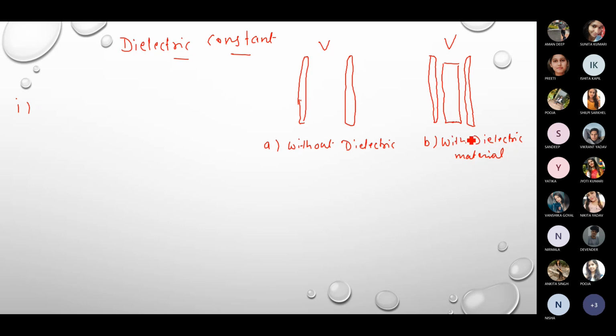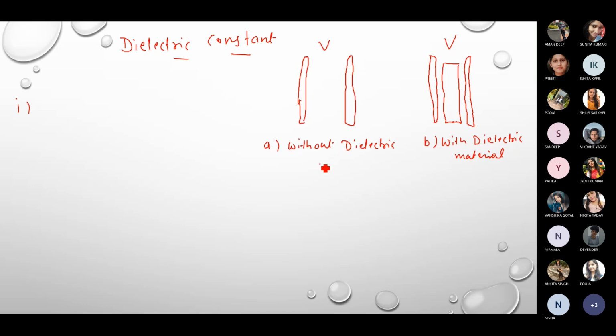So it was observed that the charge on the plates of the capacitor is higher as compared to the charge stored by the other system where there is no dielectric, right?